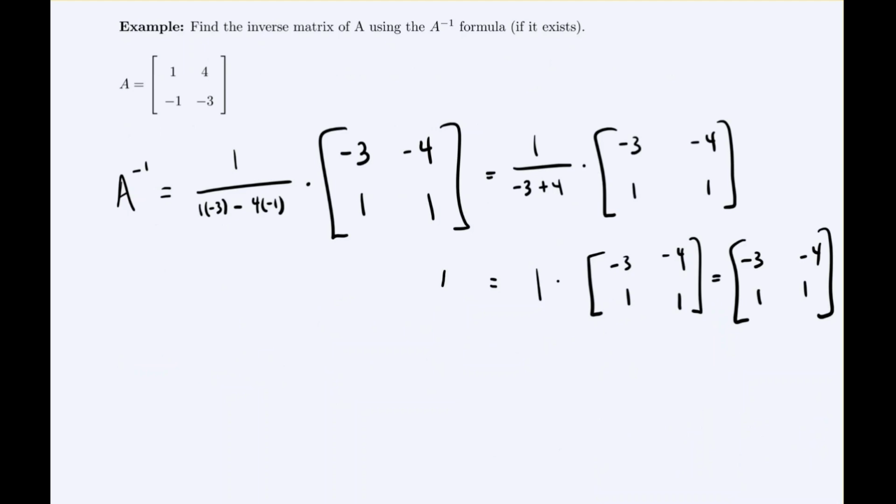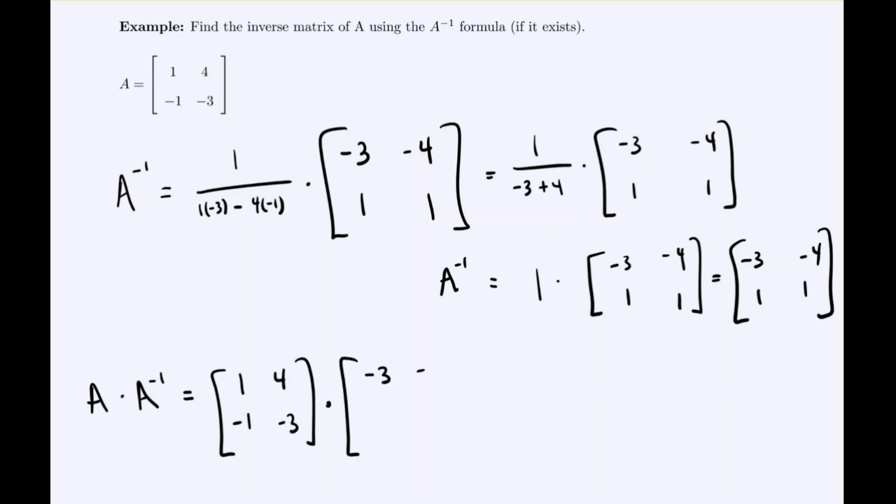So this is our A inverse, and we can verify that it's A inverse by taking the original, multiplying it by our supposed inverse, and we should expect the identity back as a result. We multiply the matrices, take the first column, turn it over, and multiply.